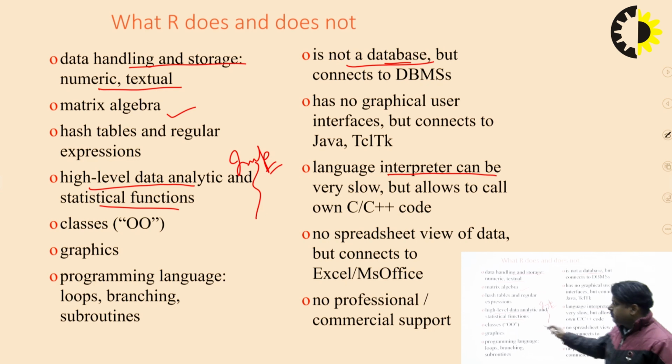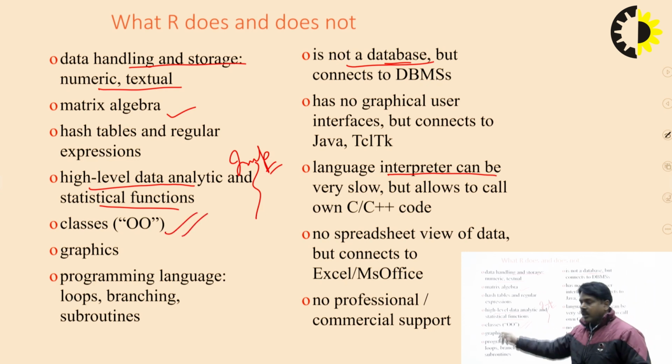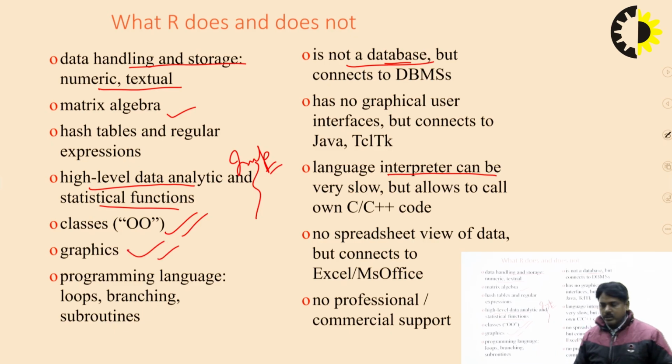It is object oriented, so classes are there in this R programming. Graphics are also there. Programming language features like loops, branching, and subroutines are there. Subroutines are similar to methods, or functions, which will be utilized here for working upon different activities. No spreadsheet view of data, but it connects to Excel, MS Office.